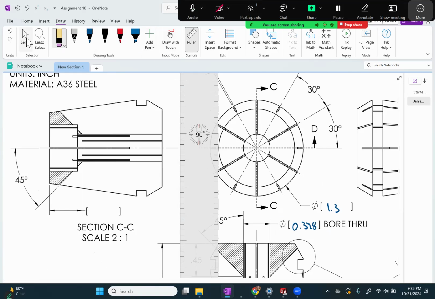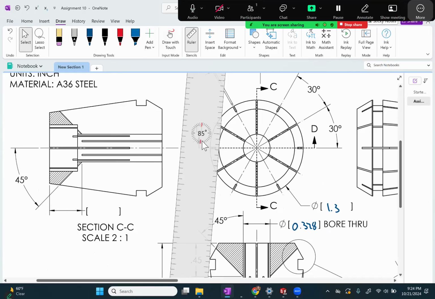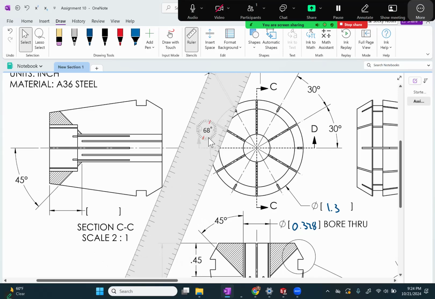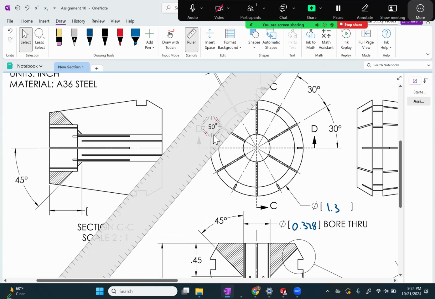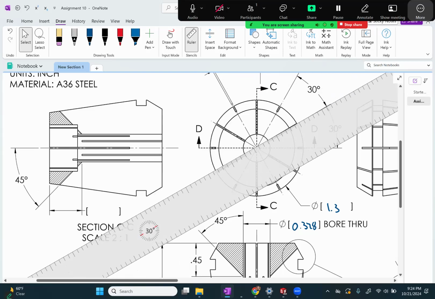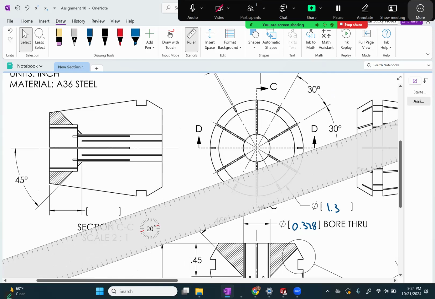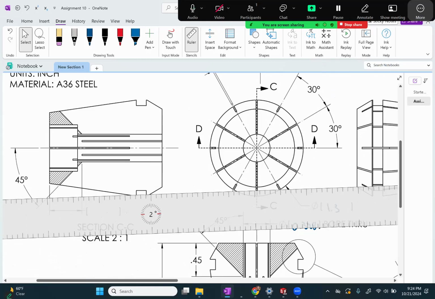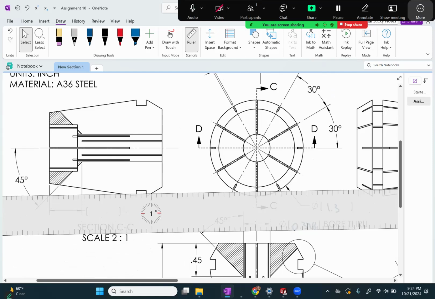So let me rotate. And we can use the same ratio since all of these are drawn to the same scale. Just one more.